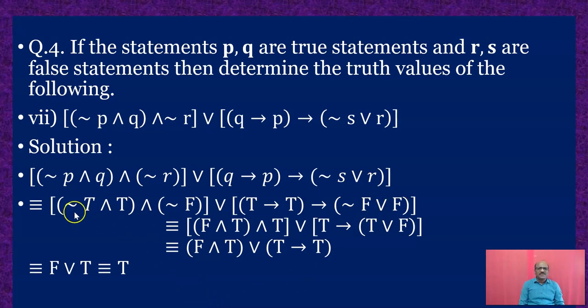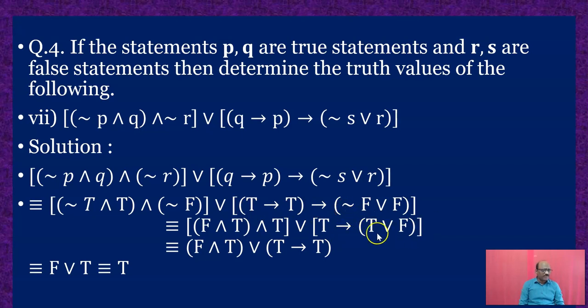Negation of T is F, and T. Negation of F is T. T implies T is true. Negation of F is true.